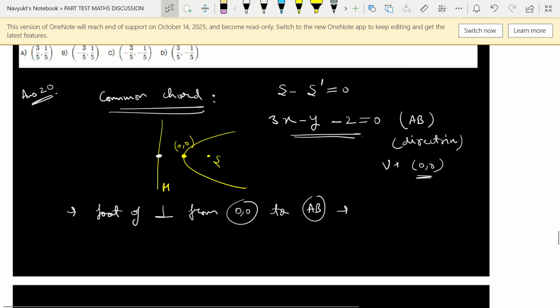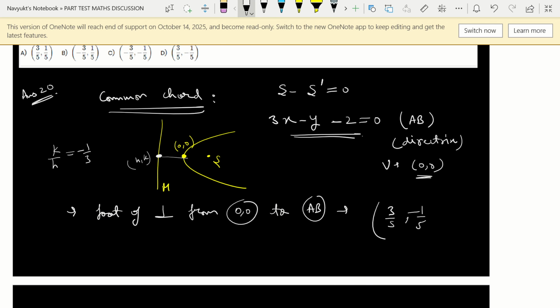Once you solve it, you will find it by simply taking it as some h comma k, right? The slopes m1 m2 should be -1, so k by h should be, the slope of this line is how much? -3, so this should be -1 by 3. Another relation, the perpendicular distance should be equal to the root of h square plus k square. By that we will get the values of h, k as 3 by 5 and -1 by 5.